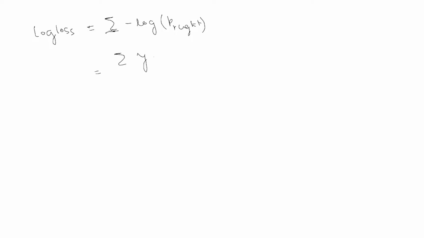It was y into ln of y hat plus 1 minus y into ln of 1 minus y hat. If y equals 0, the first part goes to 0. If y equals 1, the second part goes to 0. And that was the idea.